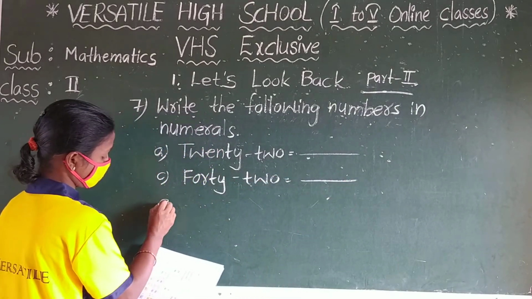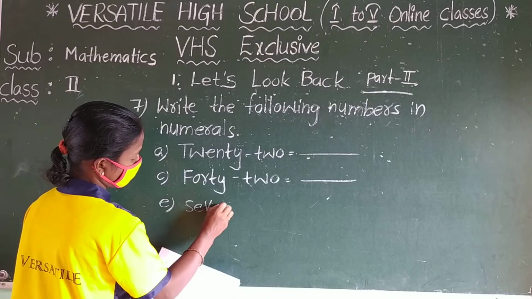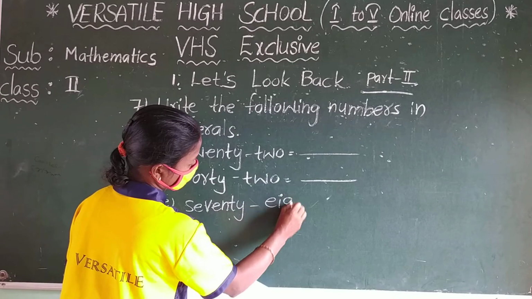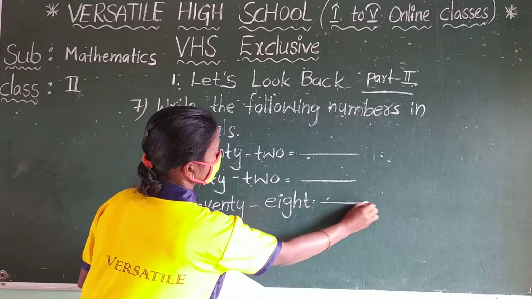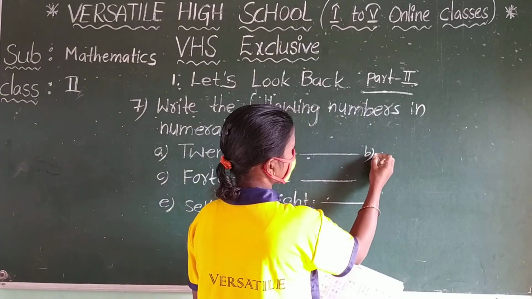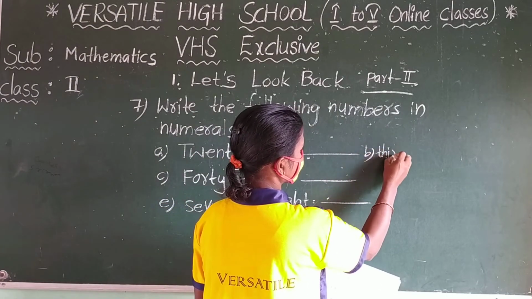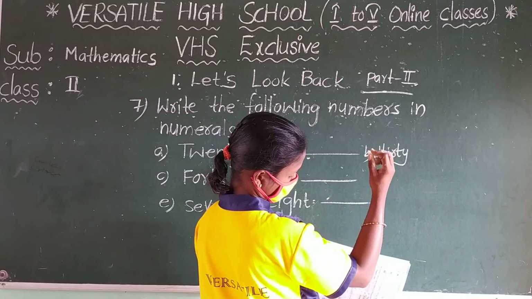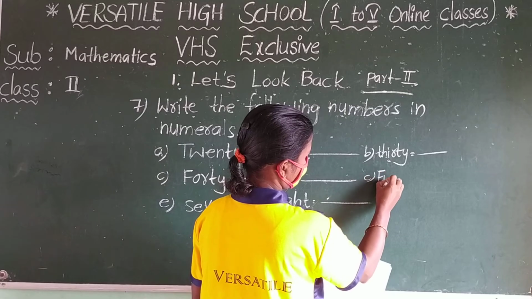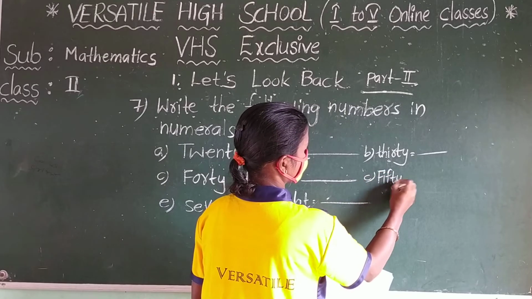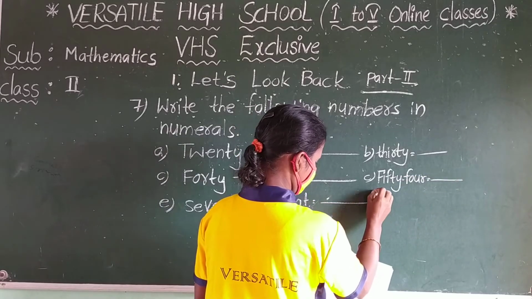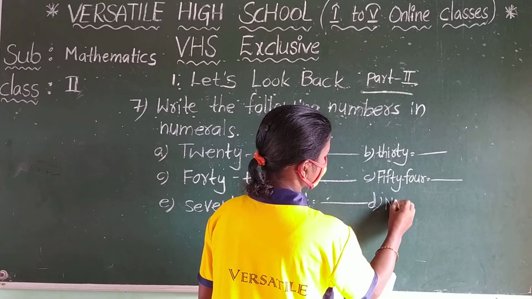And E is 78. The remaining ones are B, C and D. B is 30. C is 54. D is 96.